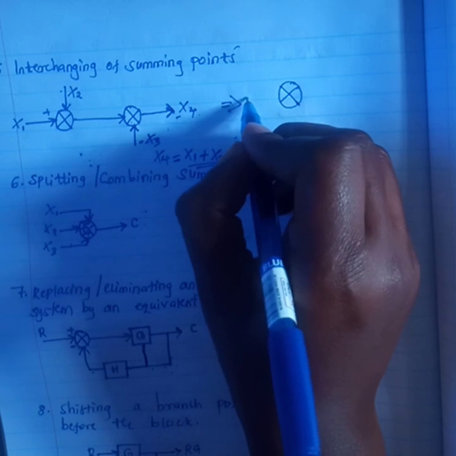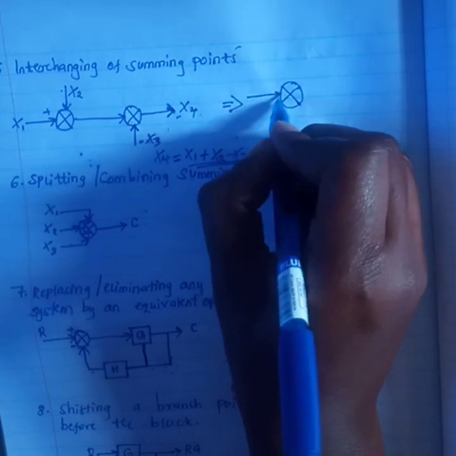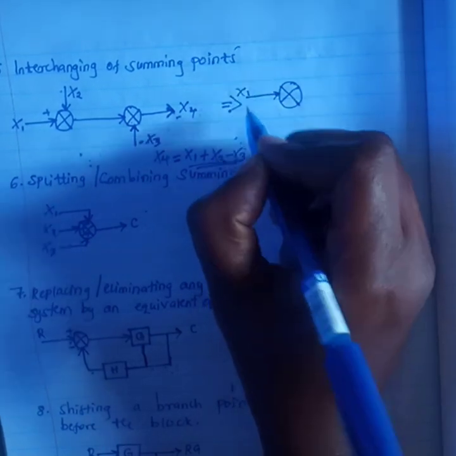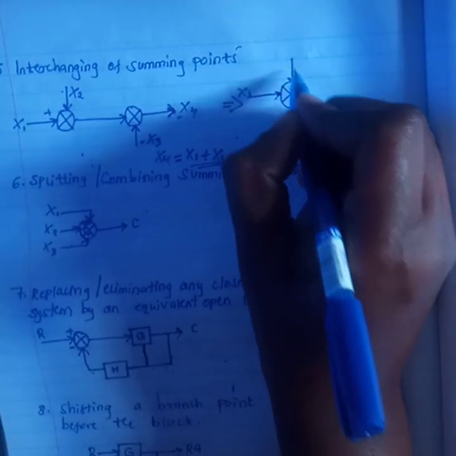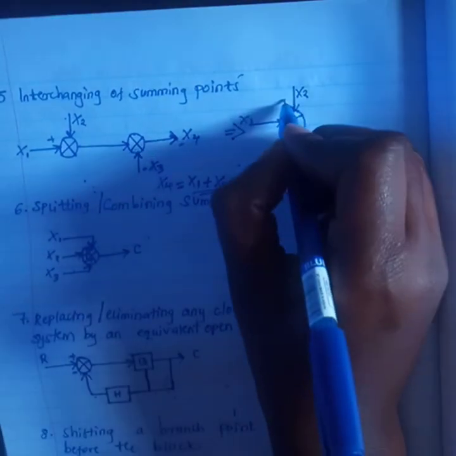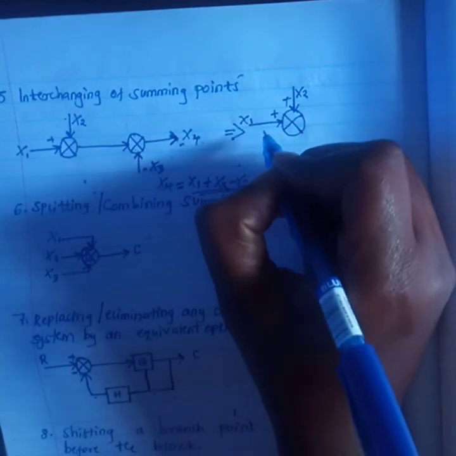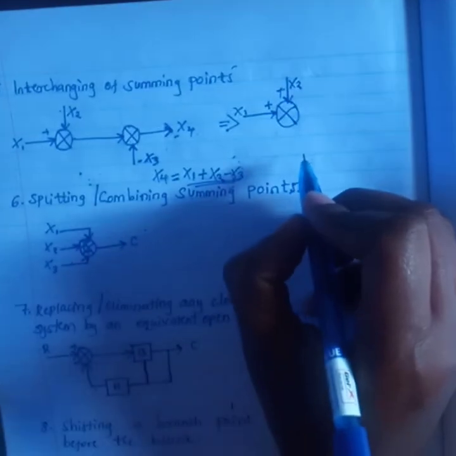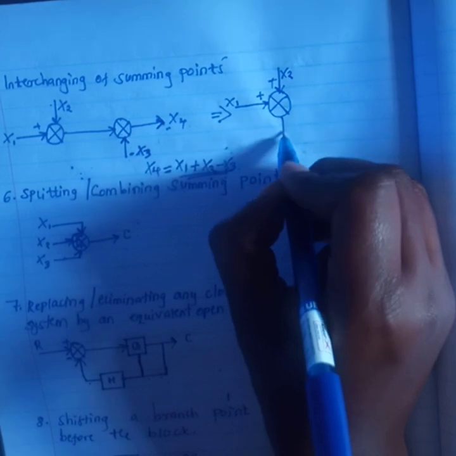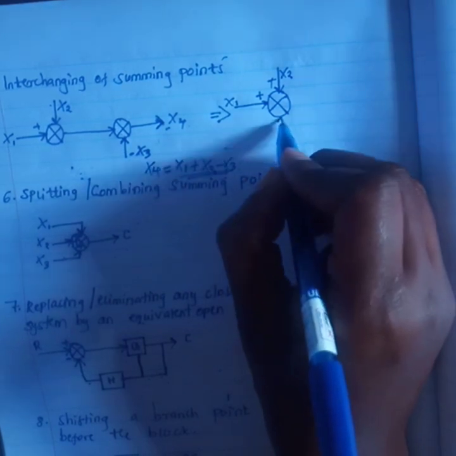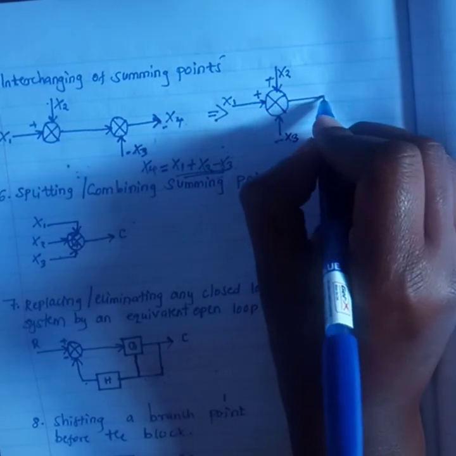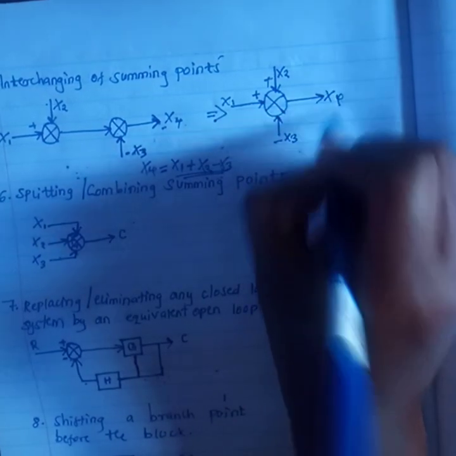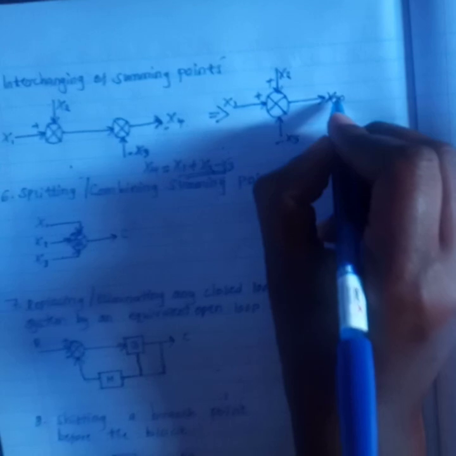Then I can have this one as my x1, this one as my x2. This is positive, this is positive. Then I have this one as my x3, which is minus, and then I have x4. That's what we have.